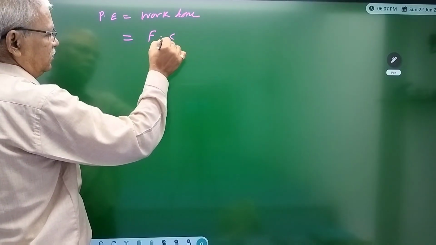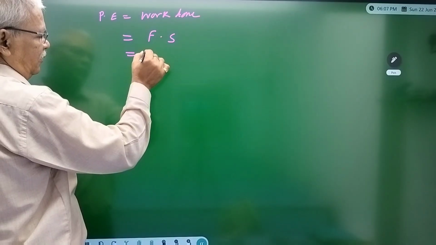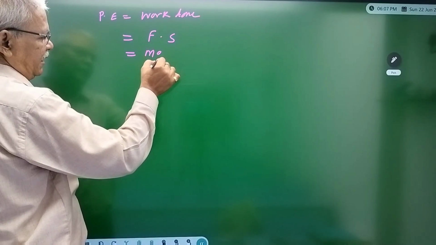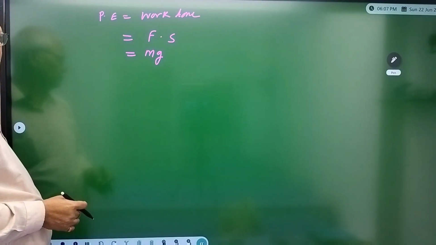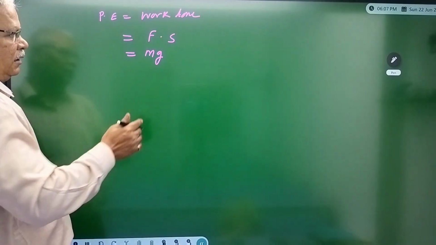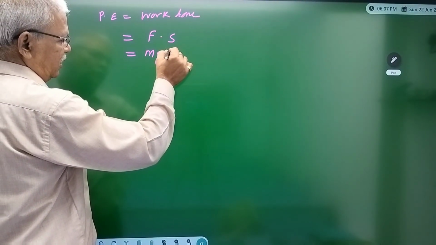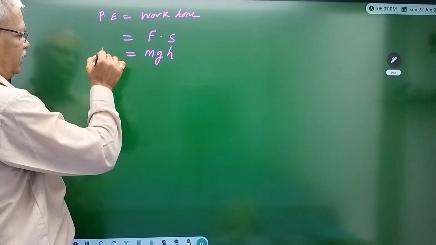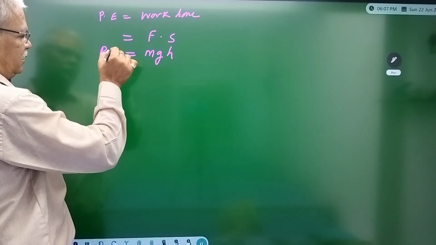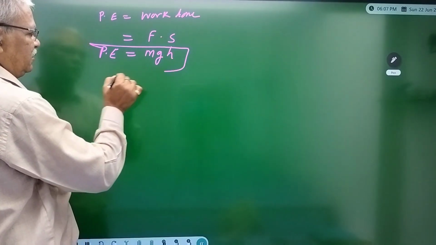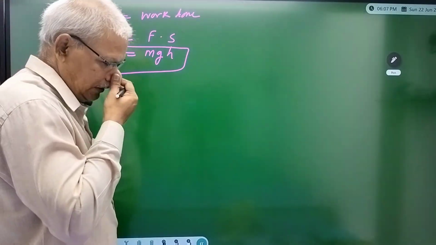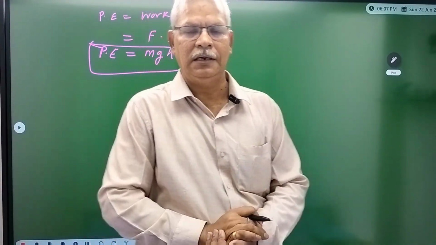Force into displacement. The force applied is, as I told you, equal to the weight of the object, and the displacement, suppose it's taken up to the height h, will be mgh. This is the expression for the potential energy.